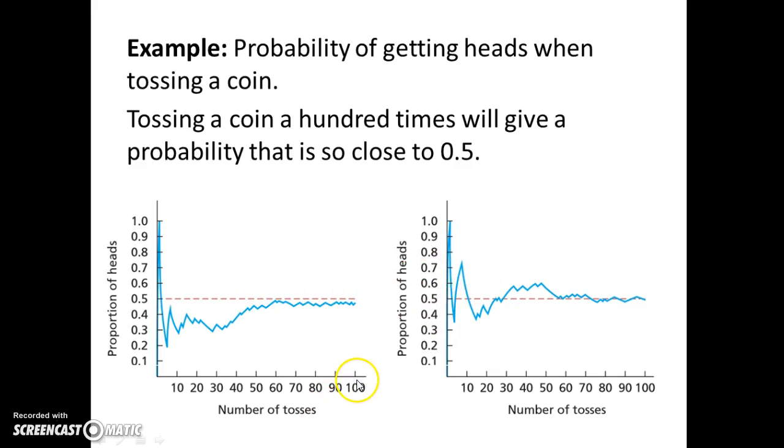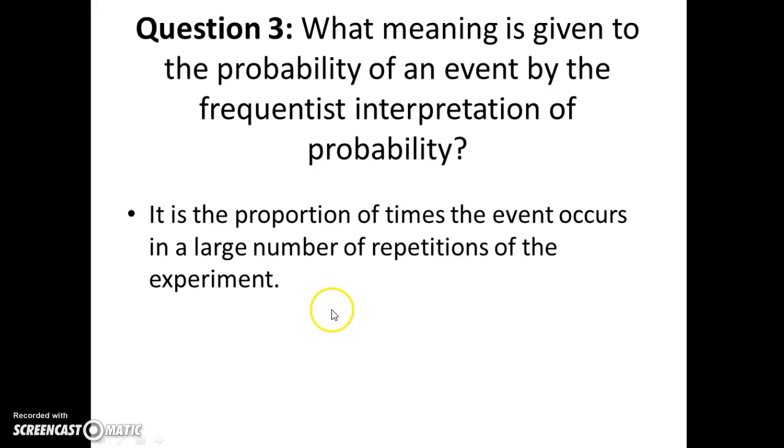Both of them have 100 repetitions, and both of them give you a number close to 0.5, because theoretically getting heads when you toss a coin is 1/2, which is 0.5. When you conduct these 2 experiments, you still get a number close to 0.5. That's how we do the frequentist interpretation of probability.